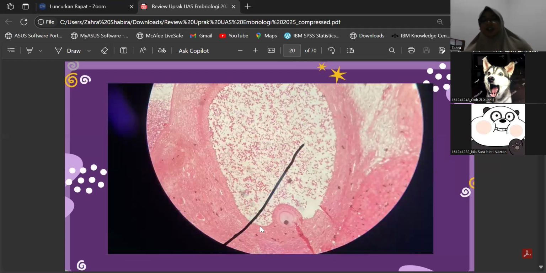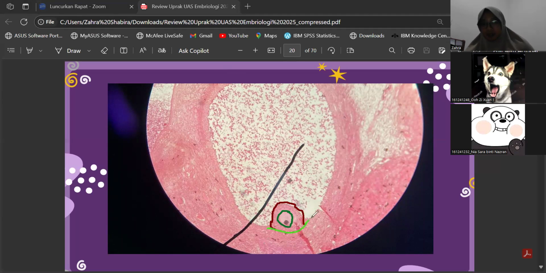Okay, this is the graafian follicle. In the graafian follicle, we see the oocyte over here, oocyte, and then first I change color, and there is the corona radiata. I'm drawing it here, corona radiata, and then I change again.